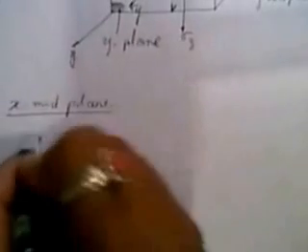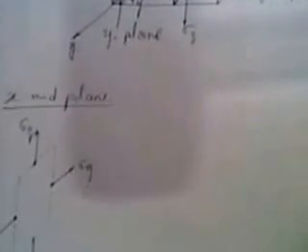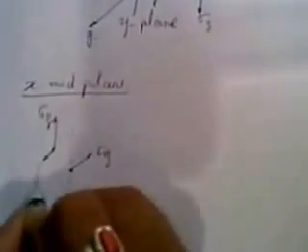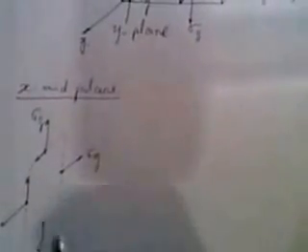The points on this plane are these. So this should be sigma y, and then sigma z, and sigma z. Now the positive directions are this one and this one, positive along the positive y-axis and along the positive z-axis.